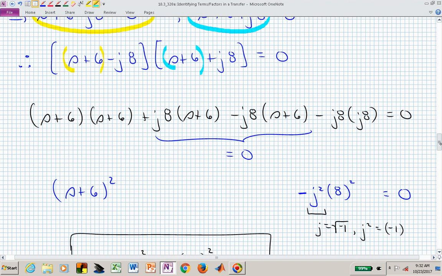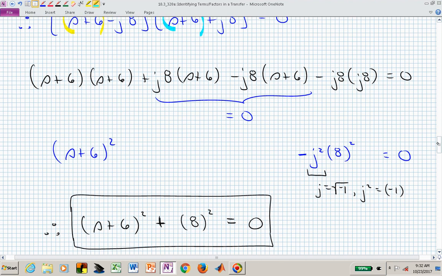But j squared, remember, j in electrical engineering is the square root of minus 1. When we square j, we obtain minus 1. So minus j squared gives us a plus, and that's where this structure came from that I originally wrote down when I said, oh, we have a quadratic factor. It's now s plus 6 squared plus 8 squared.